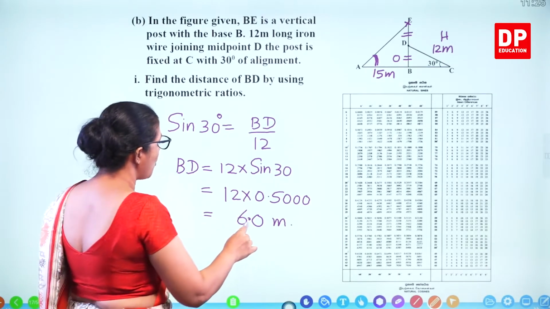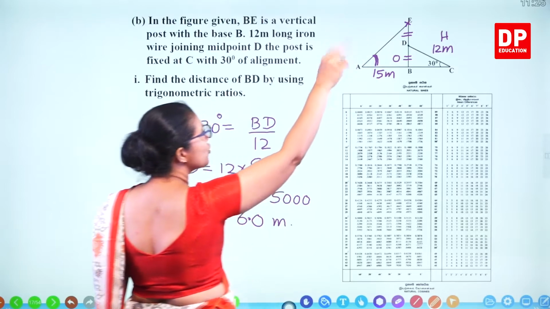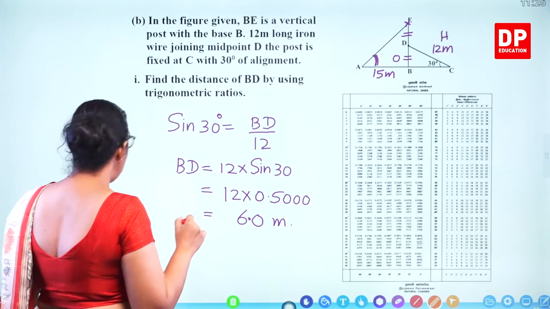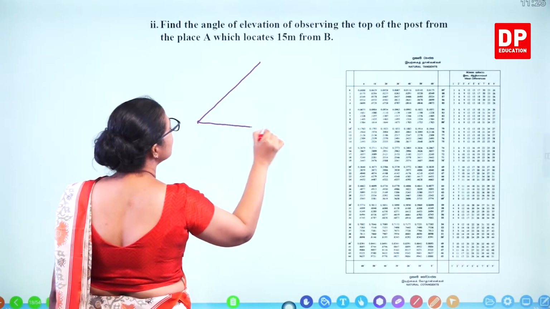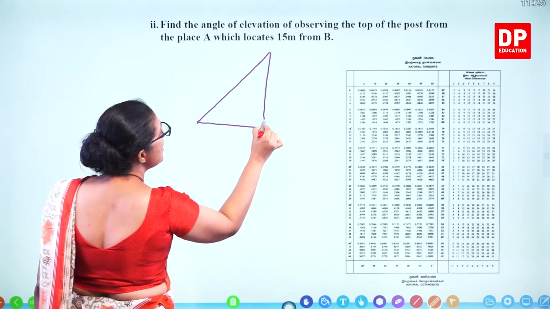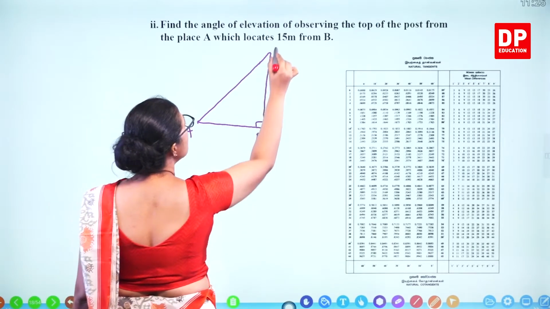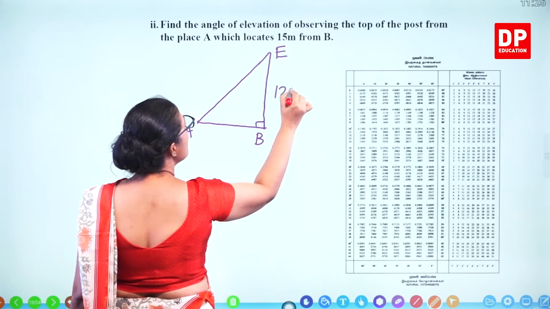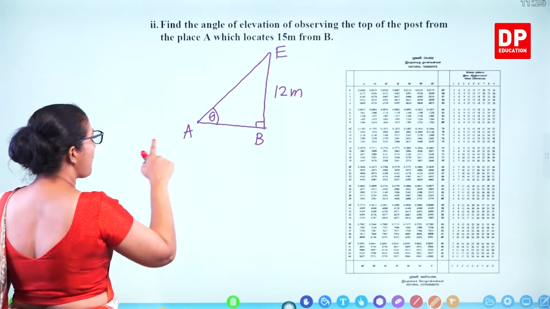Now we found out this is 6 meters. So 6 and 6, 12 altogether. So ABE triangle. When you take ABE triangle, this is 12 meters and you need to find out this angle.